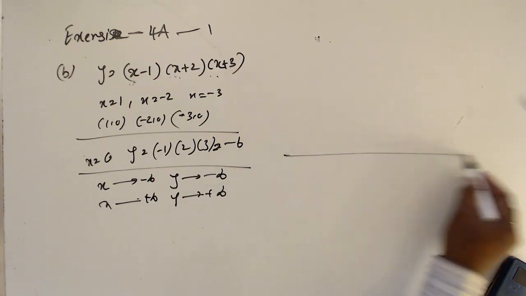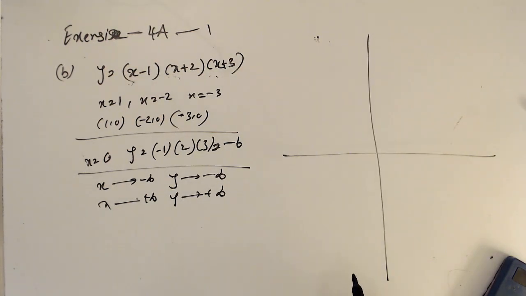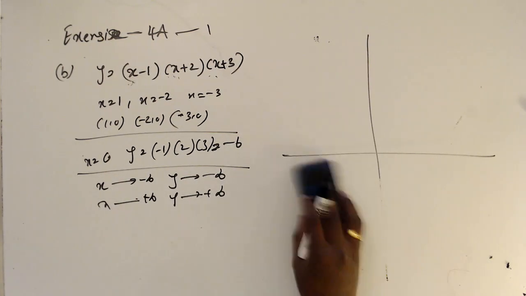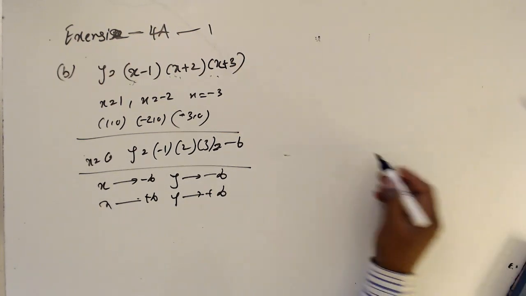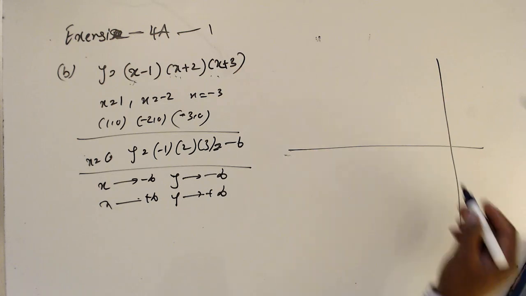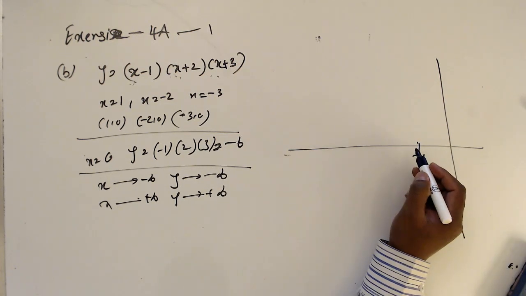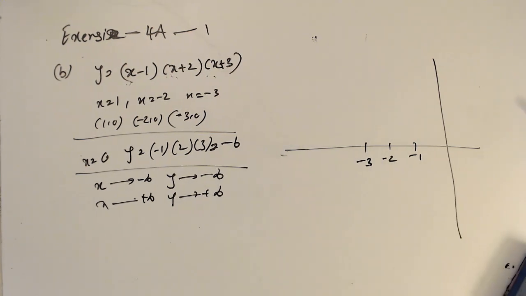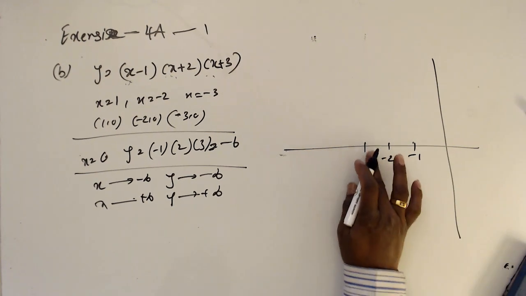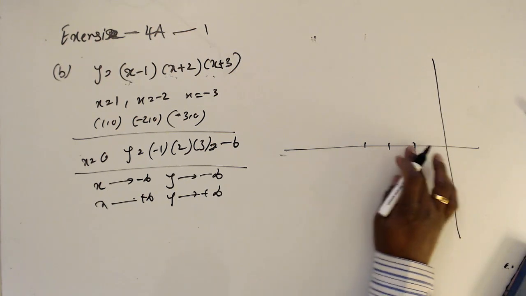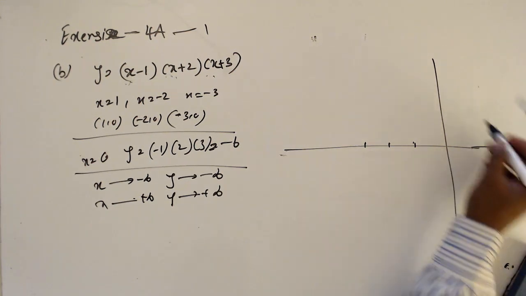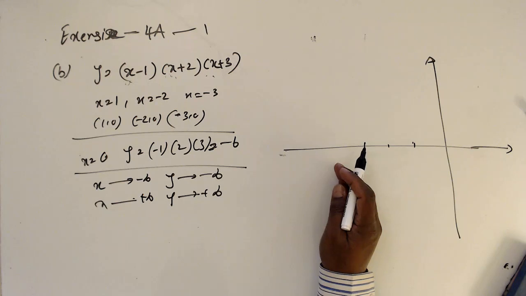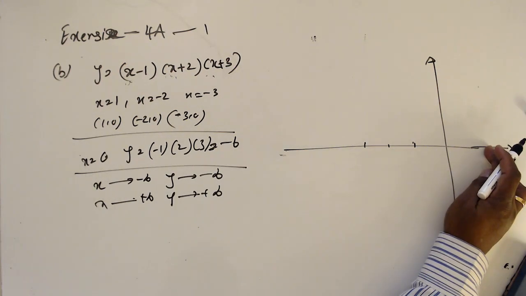So minus 1, minus 2, minus 3, and actually, two points should be here, fewer than on this side. 1 is here on this side.